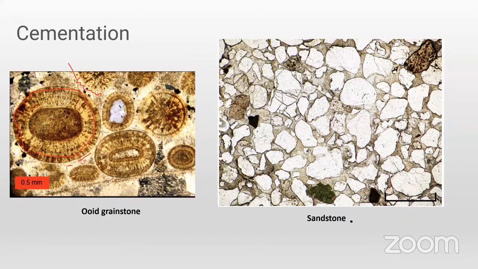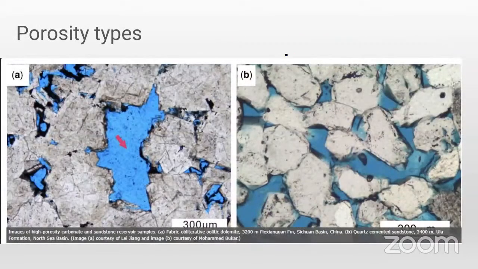Look at this sandstone. We have quartz grains and some feldspars, and you can see we have calcite cement between the grains. Because of that, we have no good porosity or reservoir quality. But look at these crystals of dolomite, these rhombs of dolomite here.